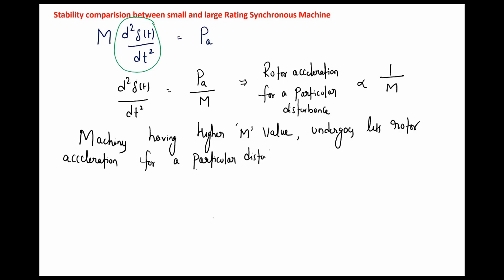That means the machines that are having higher M value are having greater chances of remaining stable.